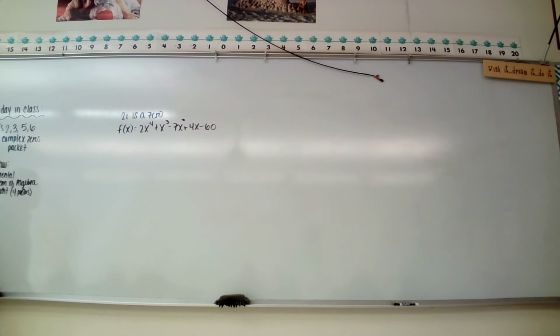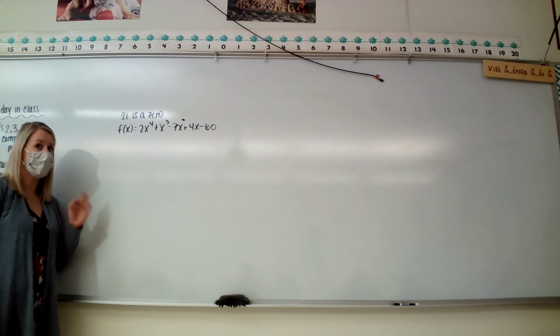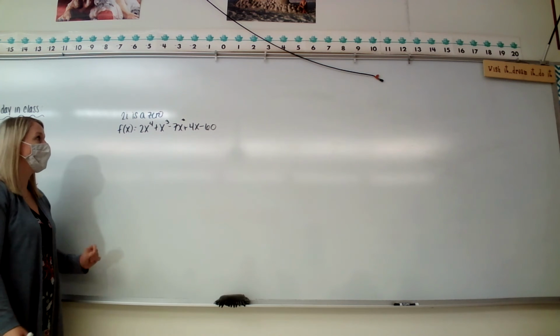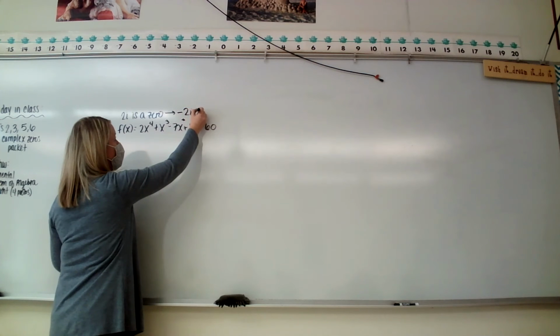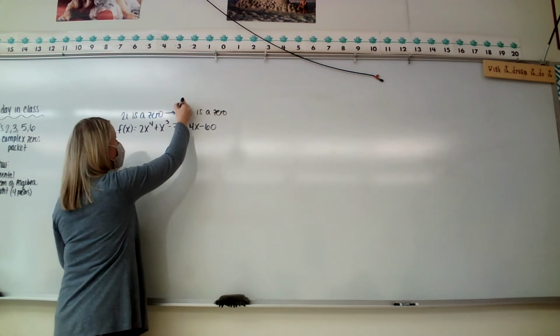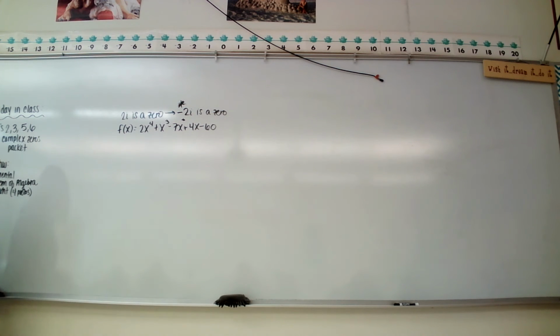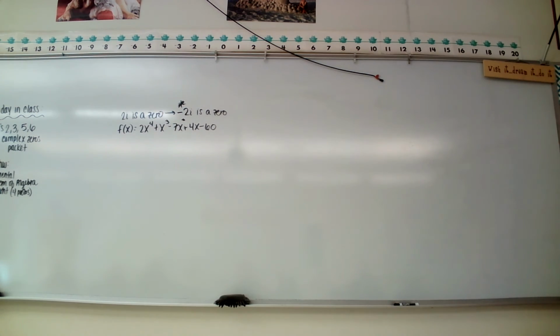The main thing you want to take away from this is if 2i is a 0, then you also know that negative 2i is a 0. That's the big thing, the conjugate theorem. If you're told that one of your zeros is imaginary, then you automatically have to put a conjugate.